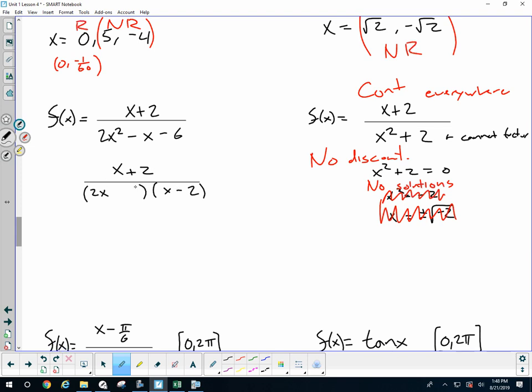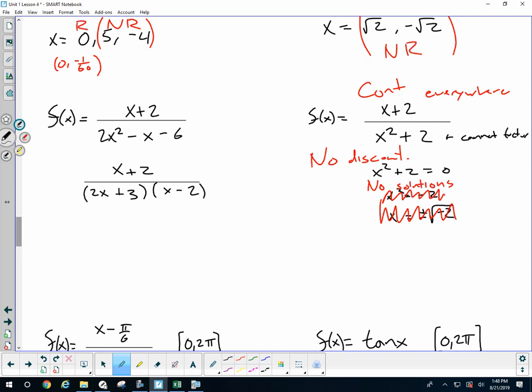And if this is +3 right there, 3 times x, 3x, 2x times -2, -4x, add them together, I get -1x.